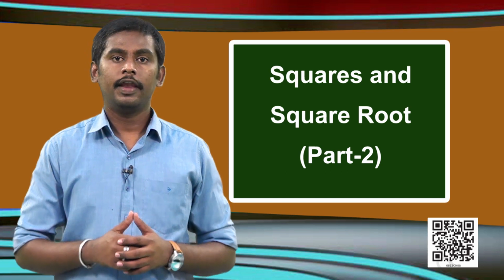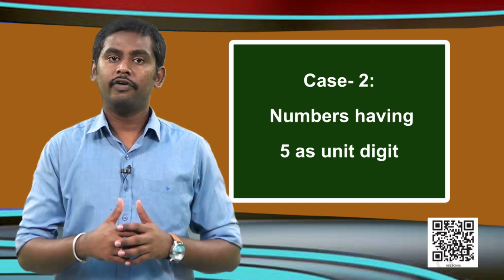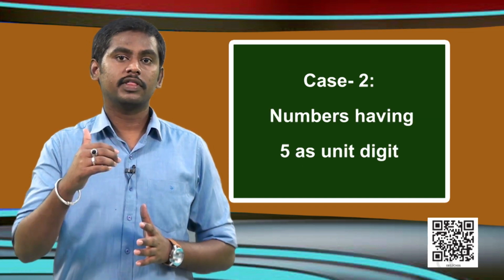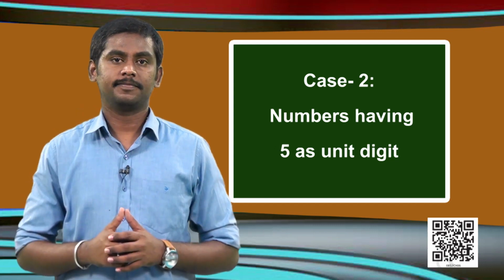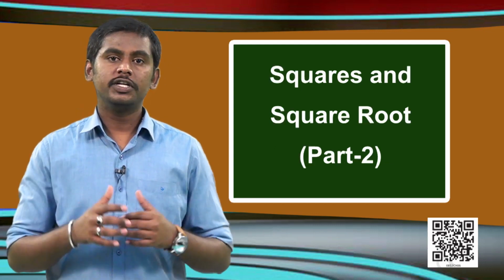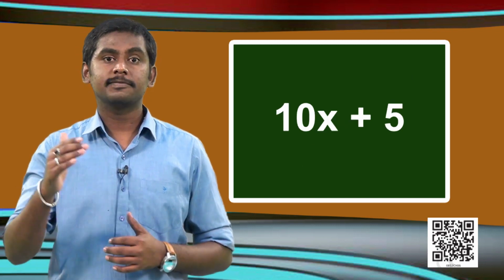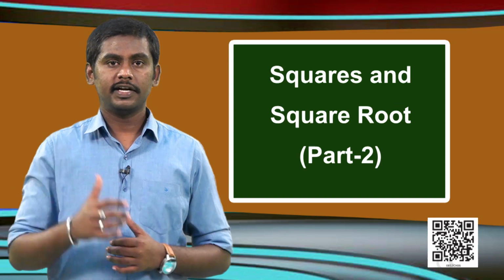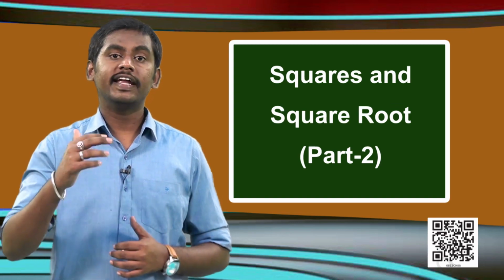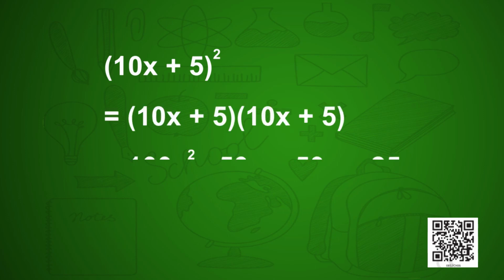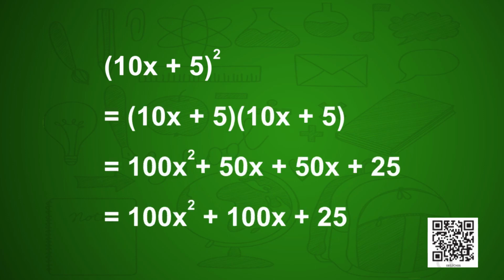Now, let us go to the second case where a 2-digit number ends with 5 in its units place. Yes, any 2-digit number whose units place ends with 5, we can write it as 10x plus 5, isn't it? Now, let us look at its square. If you take (10x plus 5) whole square, we can write it as (10x plus 5) times (10x plus 5).